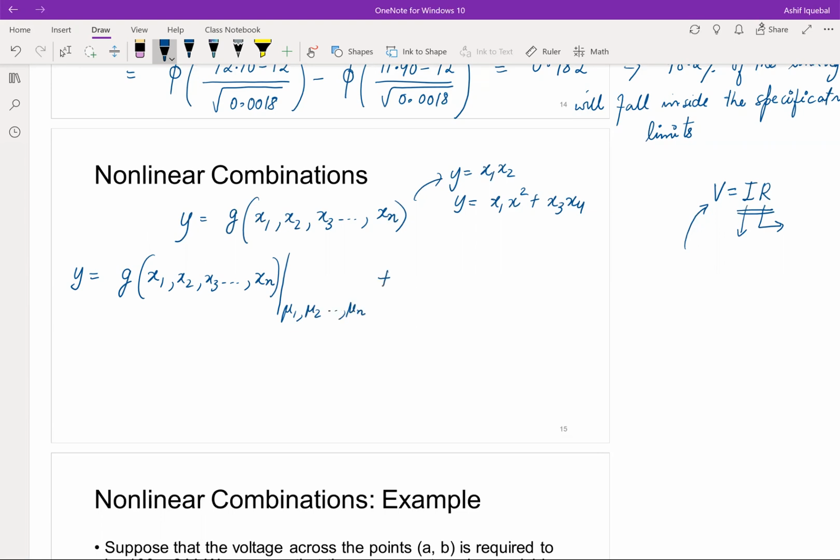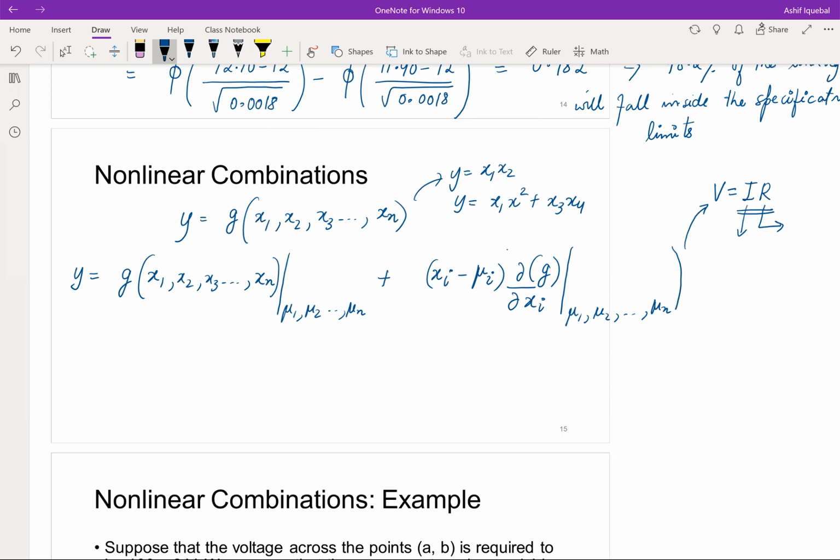The second term will be each of these individual measurements, xi minus mu i, multiplied by the partial derivative of g with respect to xi evaluated at mu1, mu2, up to mu n.